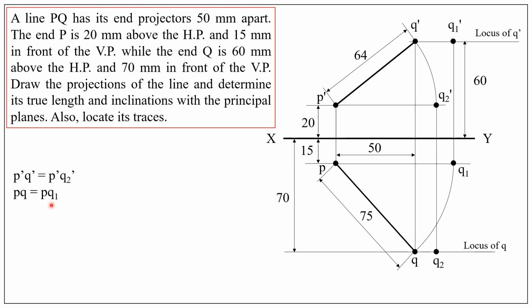Now we know the true length is equal to P dash Q1 dash, which is also equal to PQ2. Therefore, join P dash Q1 dash, join PQ2. Now we need to find out the true length of the line. So measure the true length PQ2, which is equal to 85 millimeters.